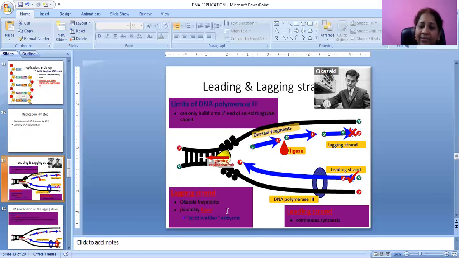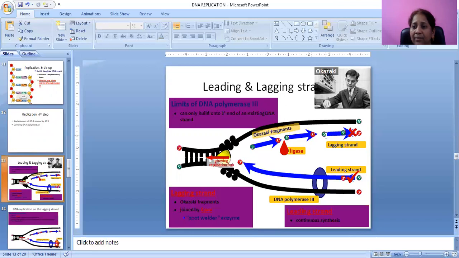So here next, that is the lagging strand, 3 prime, 5 prime. RNA primase will be attaching the primers here, but there will be gaps. Because of the gaps, those primers will look like fragments.